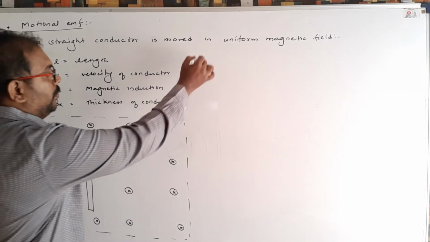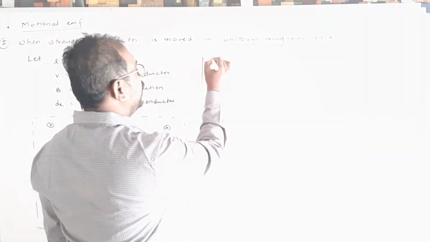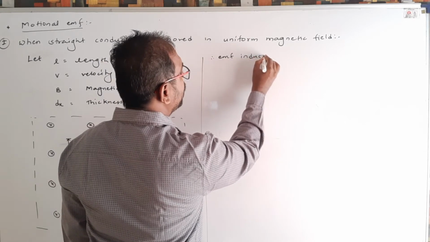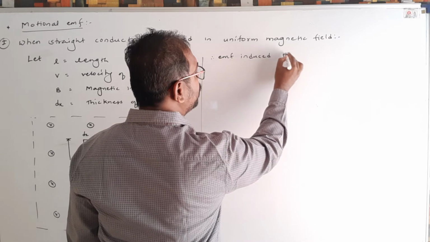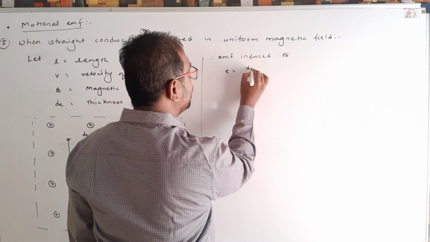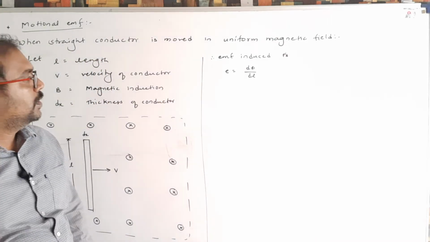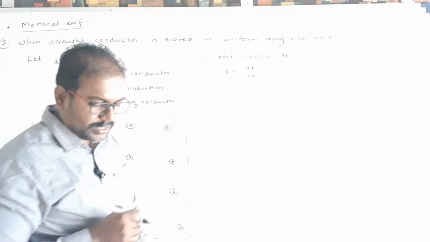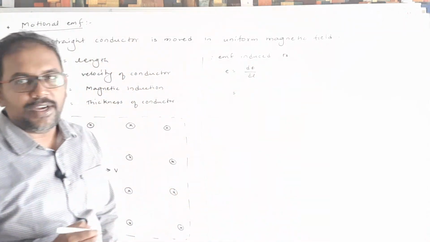Now here we have a formula for the induced EMF that we use. By Faraday's law, the induced EMF, considering the magnitude, is E equal to d phi by dt. So this is the formula, and we can use it here.